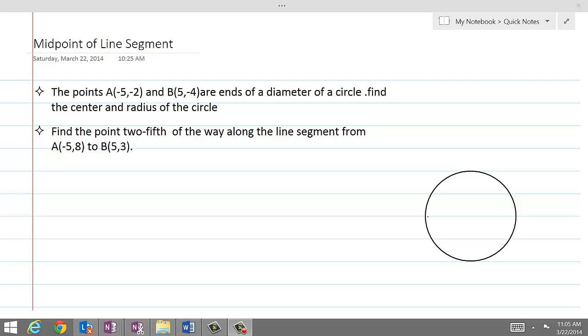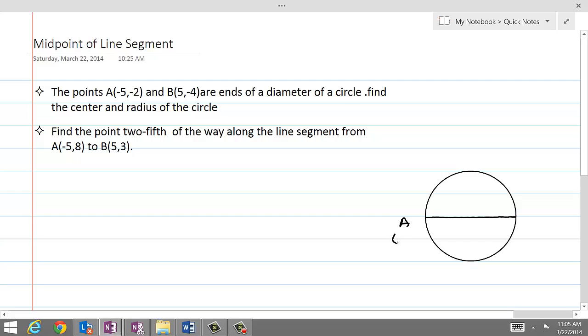Let's draw the line indicating the diameter of the circle. This is the point where we can start the diameter, and this endpoint is given on the other side. Point A has coordinates -5, -2, and the point B on the other side of the diameter has coordinates 5, -4.